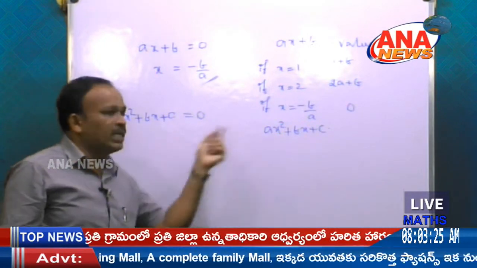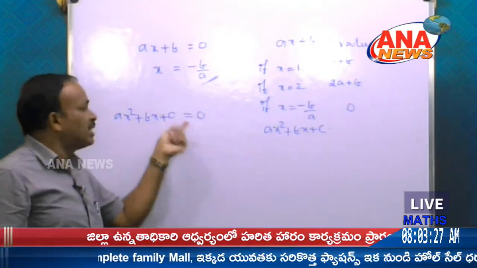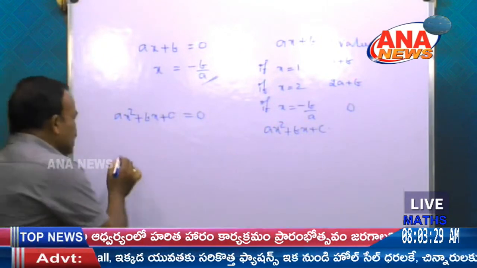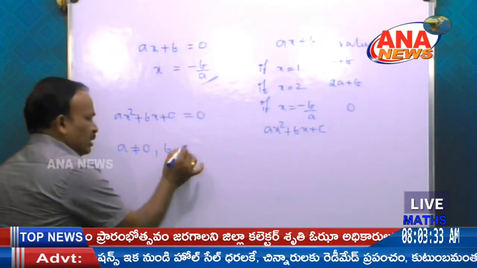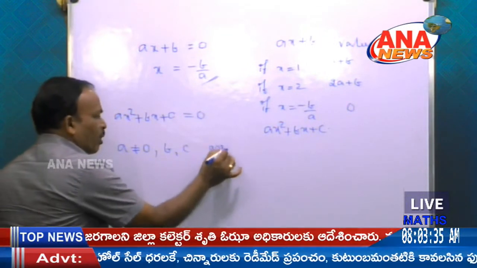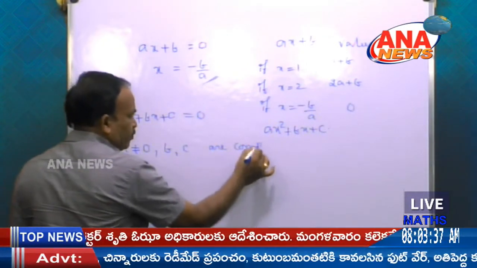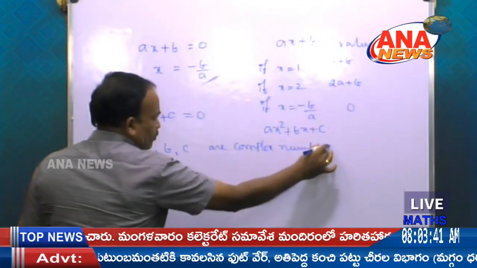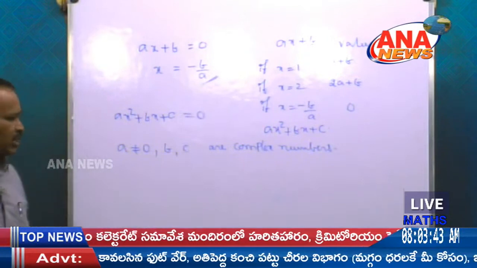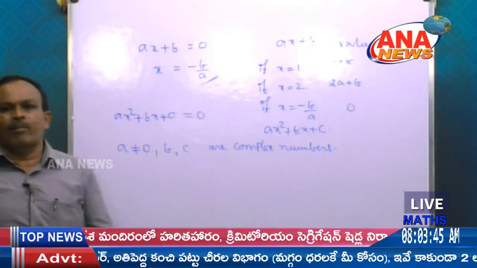In these two cases, a, b, c are complex numbers. A is not equal to 0, and b, c are complex numbers.